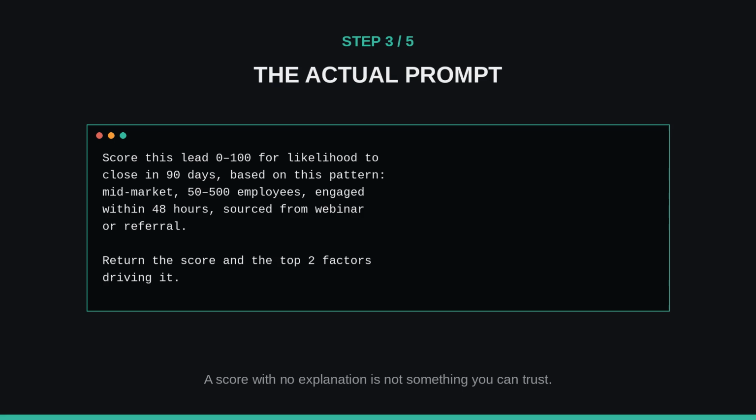Return the score and the top 2 factors driving it. Notice what's there: the pattern from step 1, the signals from step 2, and the requirement to explain itself. A score with no explanation is not something you can trust or debug.